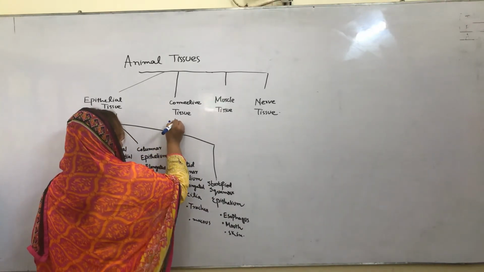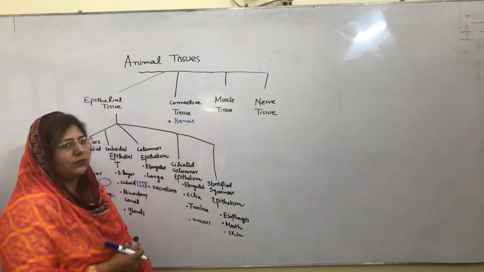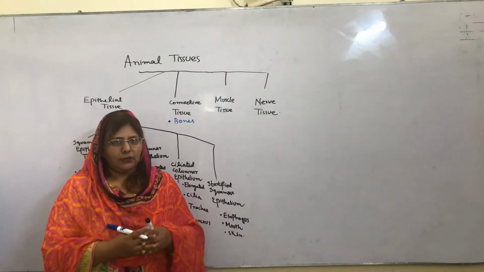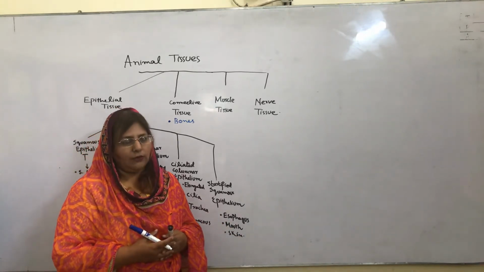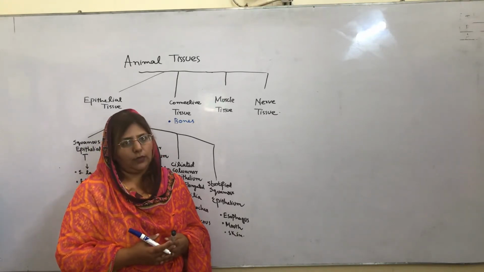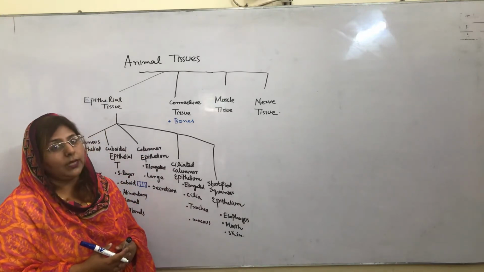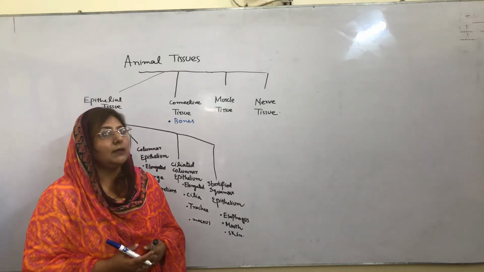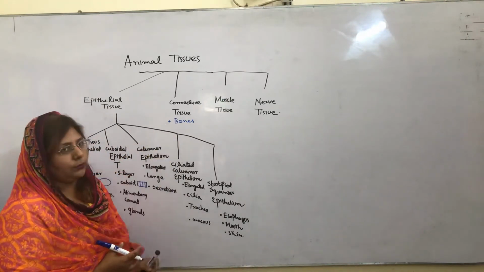Why are they called connective tissues? Because they join our bones. Our bones play a very important role in our body. They produce minerals and red blood cells, and also deposit calcium, and due to that calcium our bones become strong. So connective tissues are part of our bones.